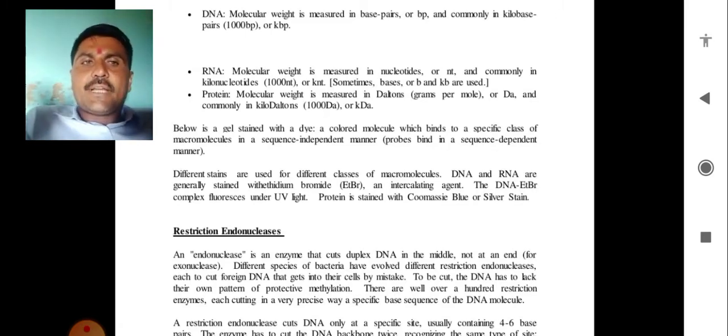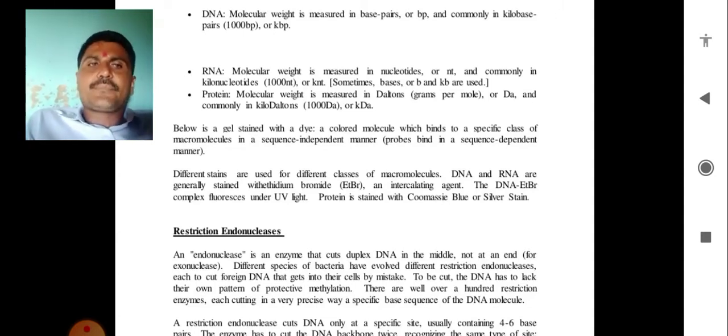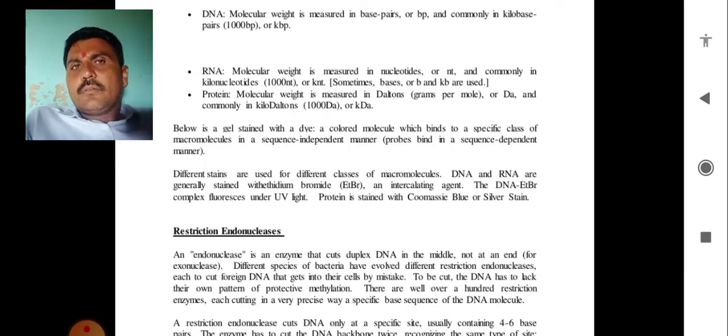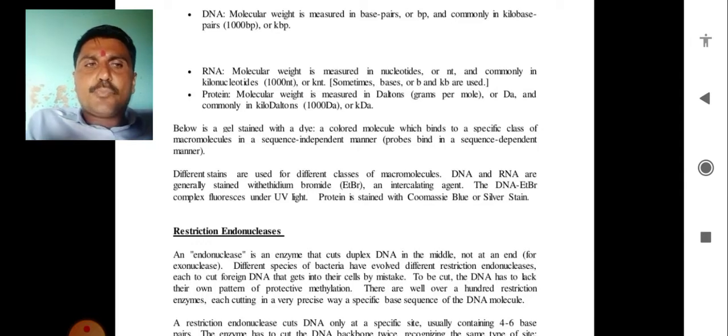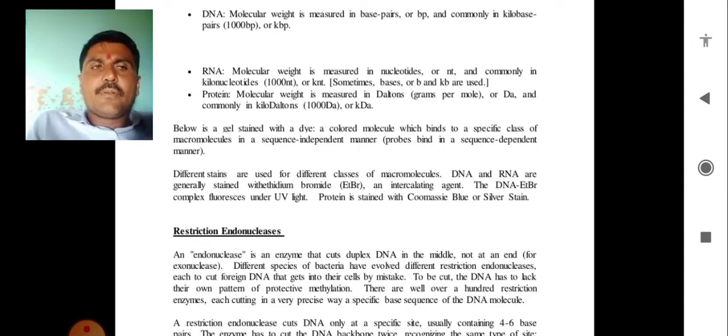What is a restriction endonuclease? An endonuclease is an enzyme which helps in cutting DNA. An endonuclease is an enzyme that cuts duplex DNA in the middle, not at an end, unlike an exonuclease. Different species of bacteria have evolved different restriction endonucleases, each to cut foreign DNA that gets into their cells by mistake.